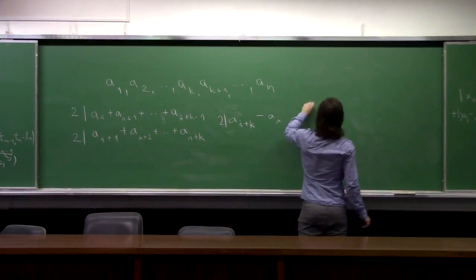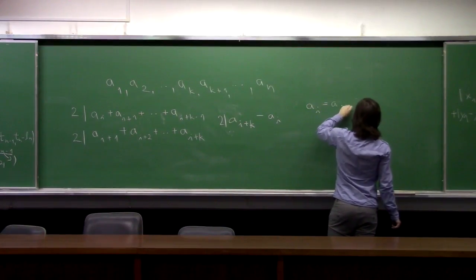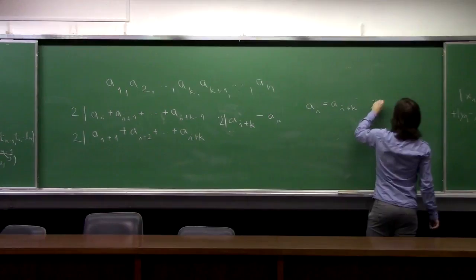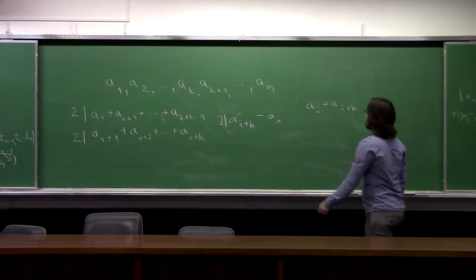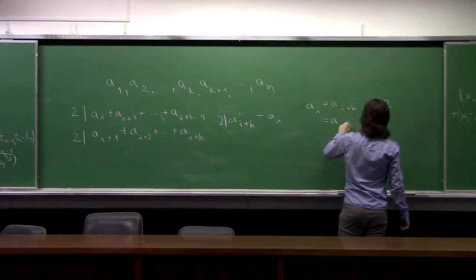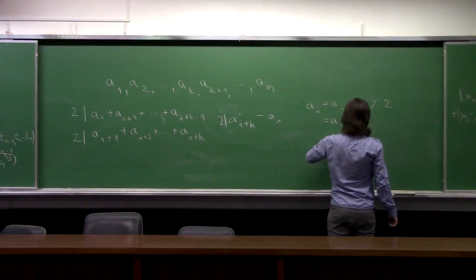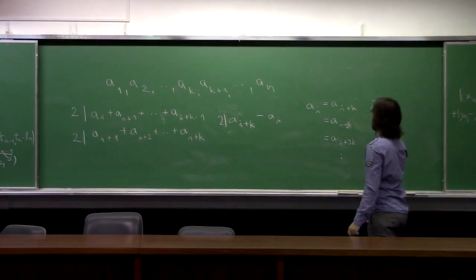So if Ai equals A(i+k) modulo 2 for each i, then we can say that this is equal to A(i+2k), A(i+3k), and so on.